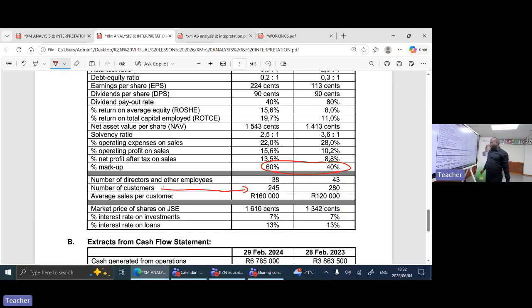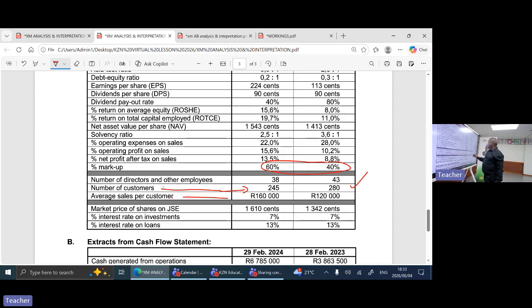And also average sales per customer increased from 120,000 to 160,000. Even though our customers decreased from 280 to 245, the average sales per customer increased from 120,000 to 160,000. So what does this mean? It means that our sales increased.